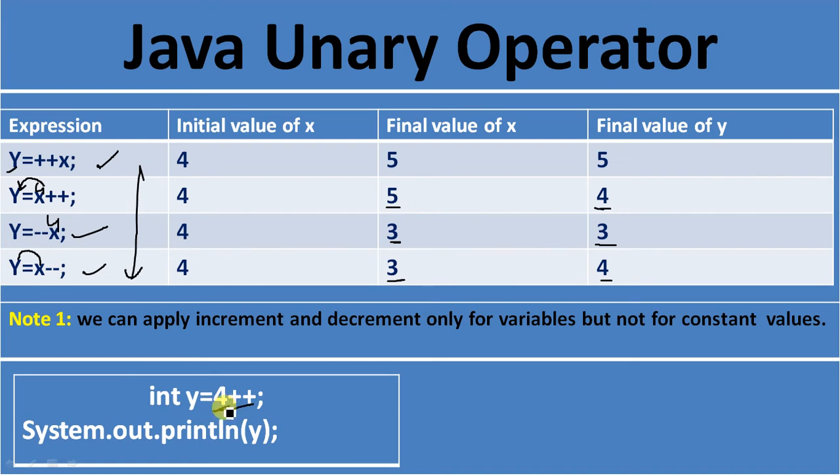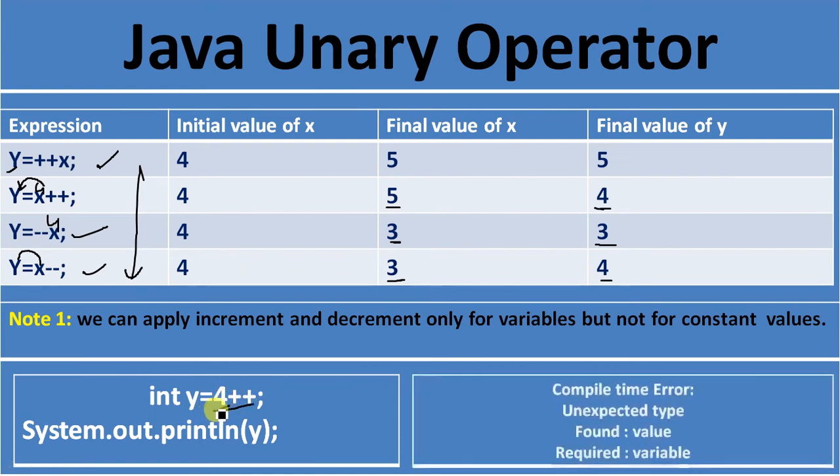So you cannot apply a pre-increment or post-increment operator on a constant. If you apply any unary operator on a constant, it will give an error. What is the error? Compile time error: unexpected type, found value, required variable.